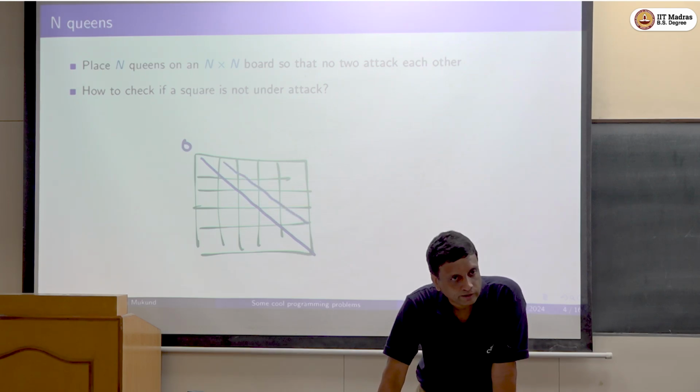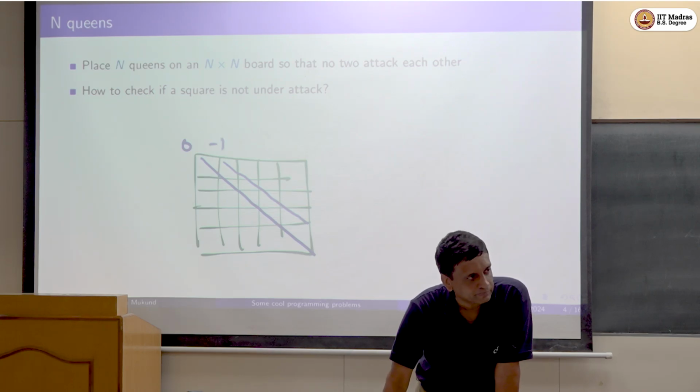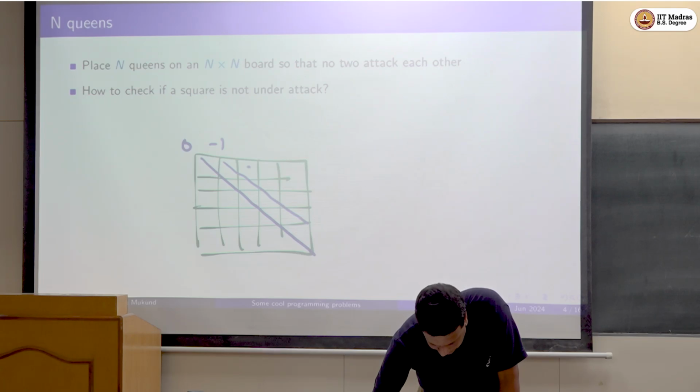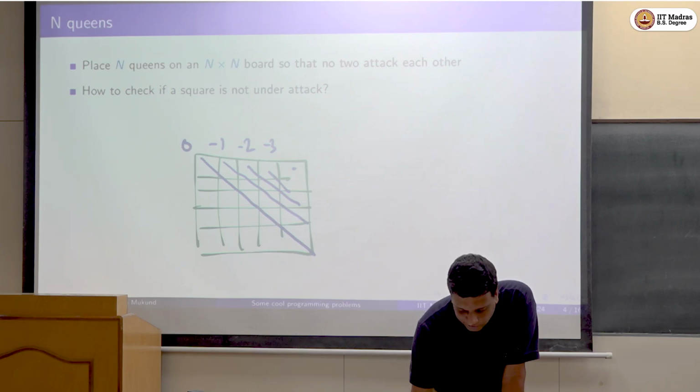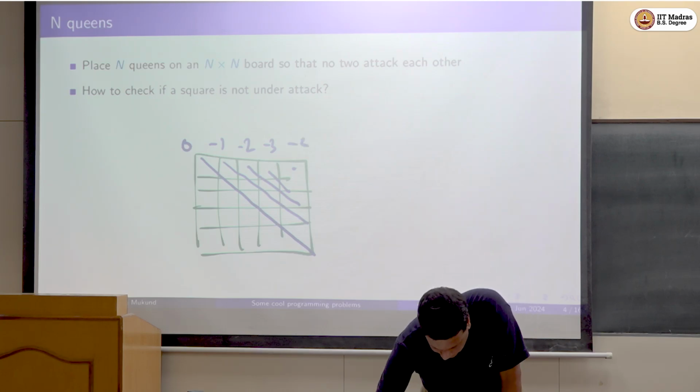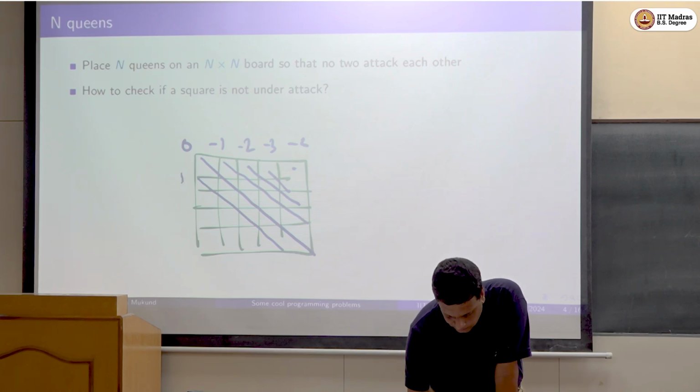Row 0, column 1. Row minus column is minus 1. So this is the diagonal whose difference is minus 1. This is the diagonal whose difference is minus 2. This is the diagonal whose difference is minus 3. And finally, this diagonal, which is only one square, is the one which is minus 4. And if I go the other way, this is plus 1.